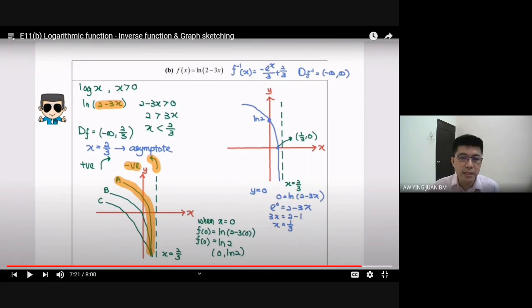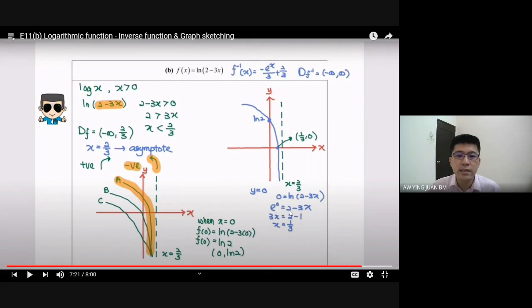Then we make sure all labels are there. So this is ln 2. Then this is when y is equal to 0. So substitute y equals 0. See? This is the log form. We change to index form: e, the base is small, moves to become big. So e to the power 0 is equal to 1.